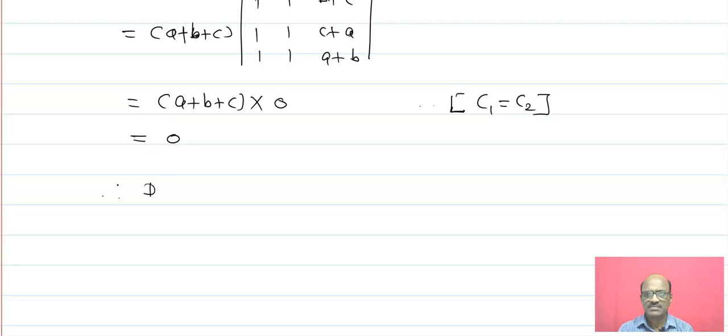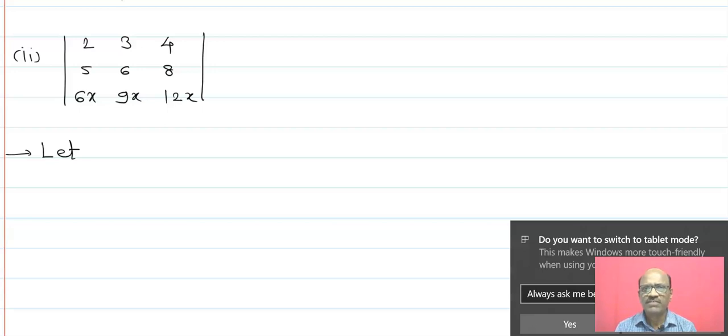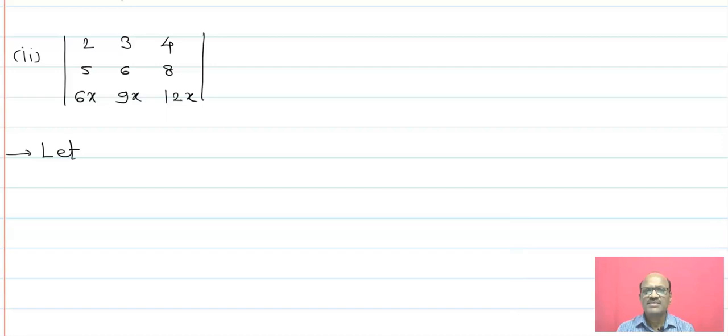Now next, D is equal to 0. Second example: 2, 3, 4, 5, 6, 8, 6x, 9x and 12x. Now again, let D be the given determinant.